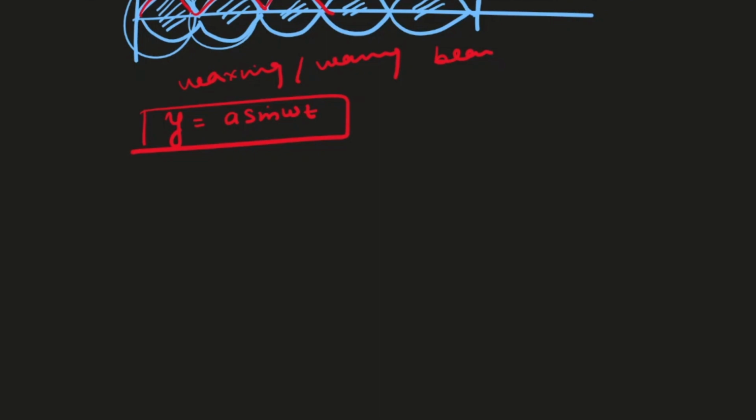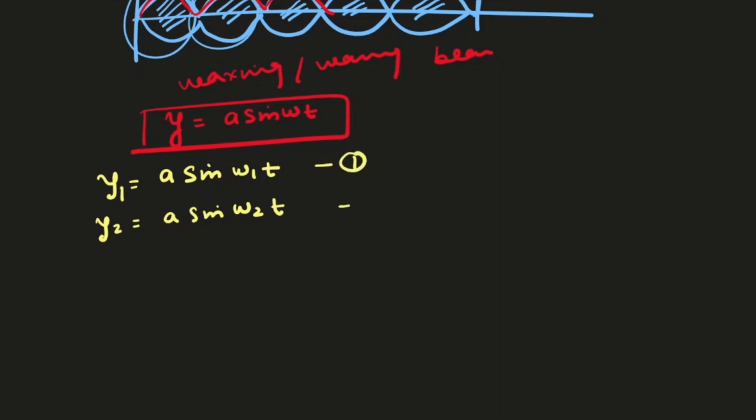Let y1 have the amplitude a, y1 equals a sin omega 1 t, and y2 equals a sin omega 2 t. We take different omegas because omega is the angular frequency, and it is a necessary condition that the frequencies of the two sound waves are different.